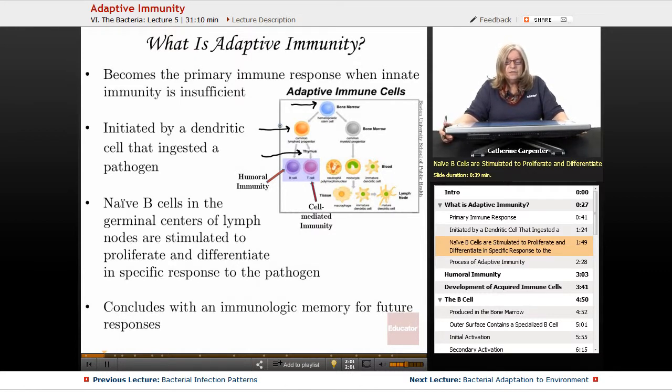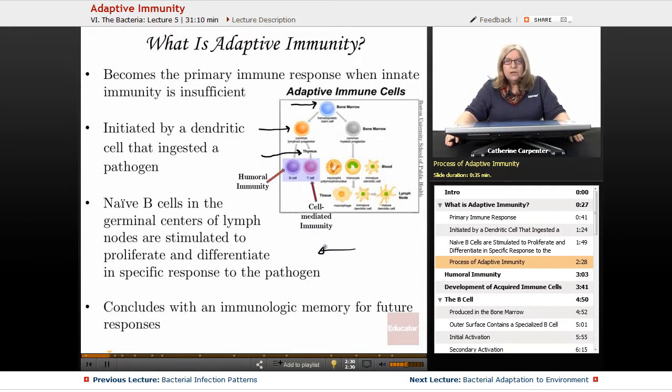And then we have T and B cells essentially residing in the lymph nodes. And these B and T cells are stimulated to proliferate when viruses and bacteria present themselves to this adaptive arm of the immune system.